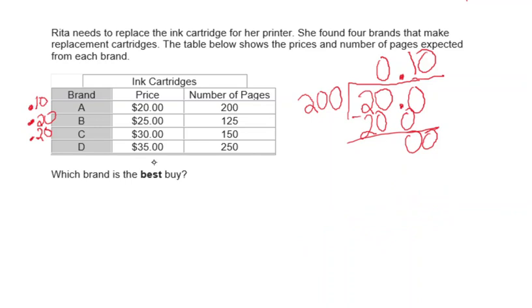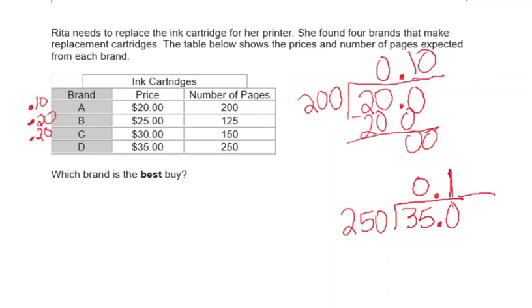Let's also do brand D. We have 35 divided by 250 pages. 350 divided by 250, that's 1 time. Subtract, we get 100.